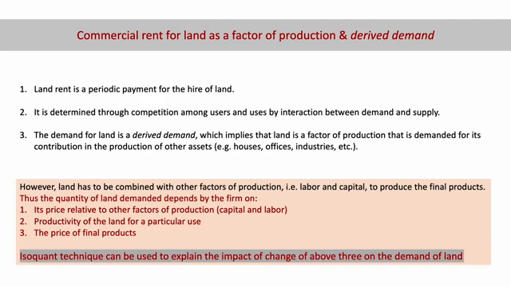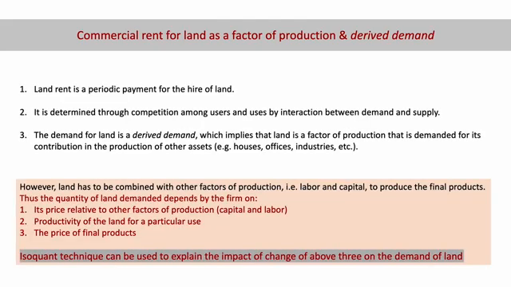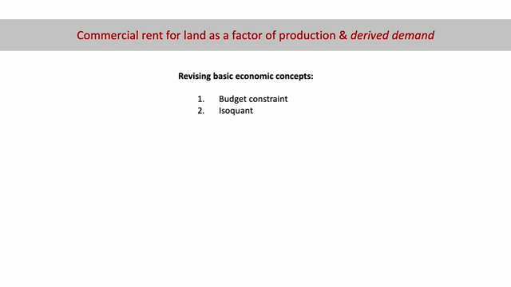To explain these, we will use the isoquant technique, and I will explain a few basic economic concepts before we move forward. So let's flag these questions here, and we'll come back to them after we have understood the basics of the budget constraint and isoquant. Please bear with me.